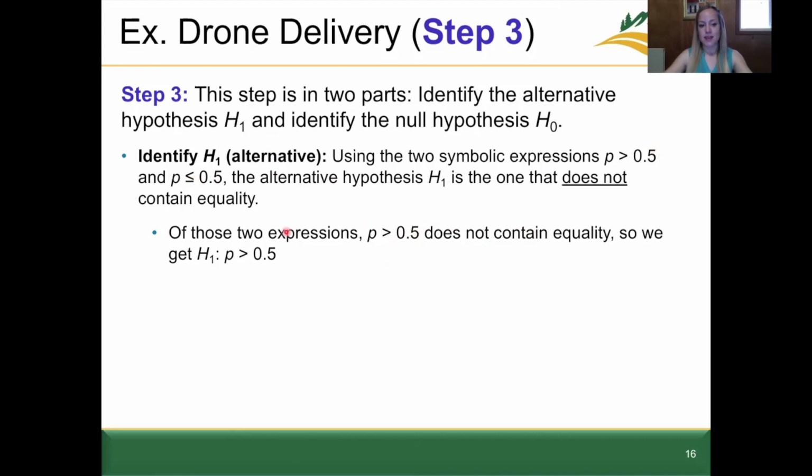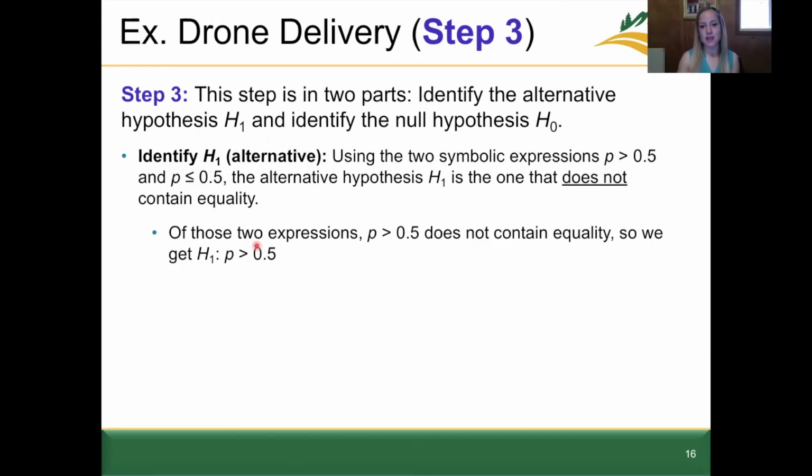Therefore, putting this all together, H1, our alternative hypothesis, is P is greater than 0.5. So again, for this part of step 3, in identifying the alternative hypothesis, write out our two notations from step 2, then figure out the one that does not contain the equality. That's for the alternative hypothesis.